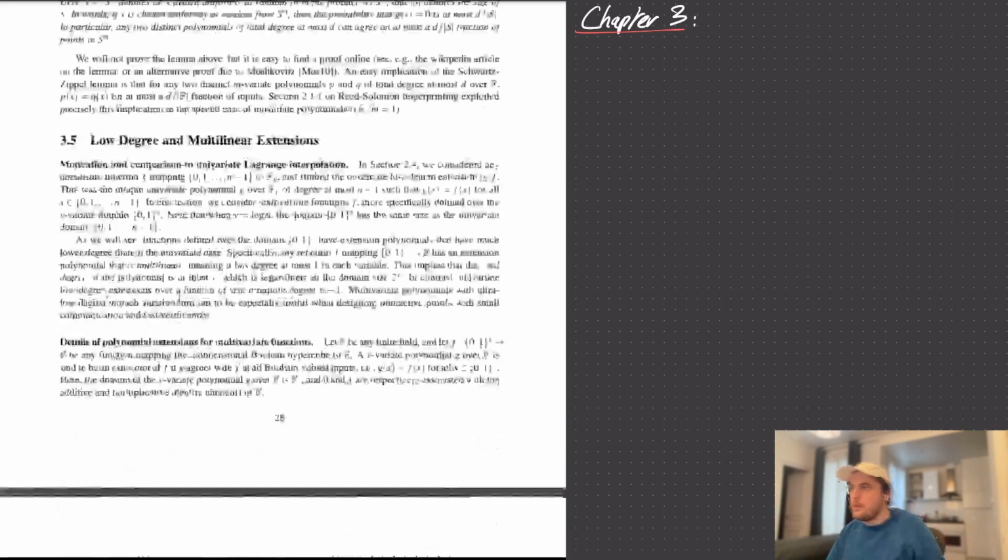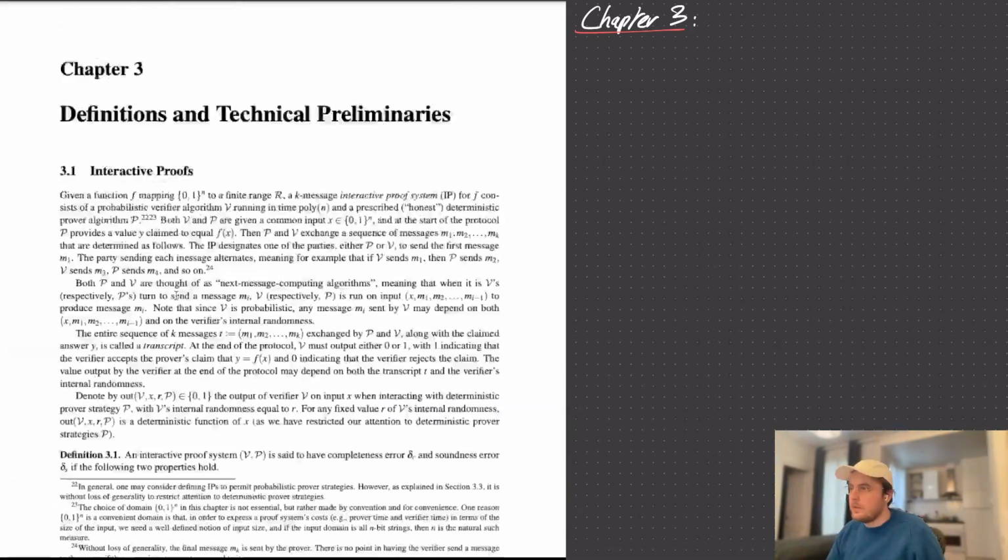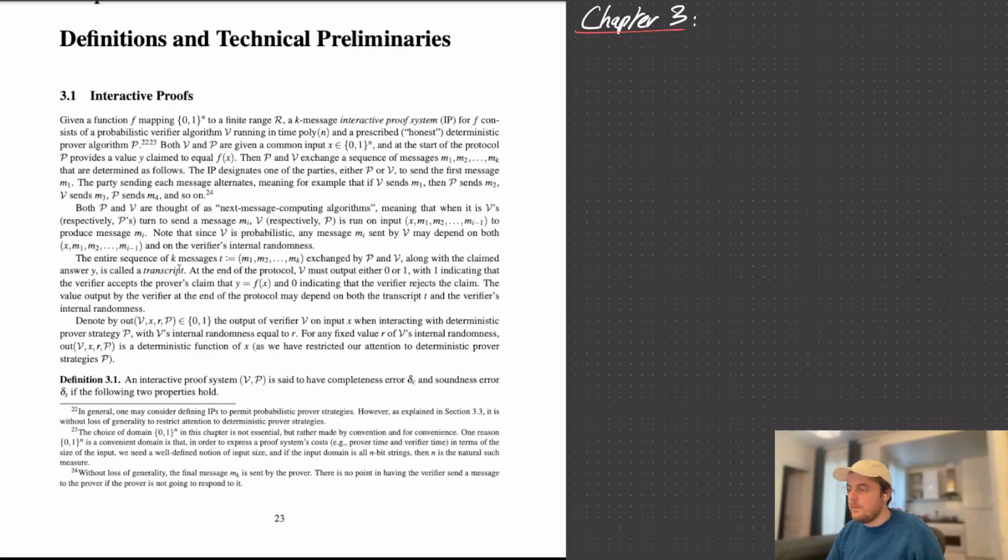Okay, so it's page 32 and we start at page 23. So it's like 9 pages, which is a lot because we've only done 23 pages in like 3 hours or something. So that's pretty slow. That's normal. Okay, let's start with 3.1, interactive proofs.